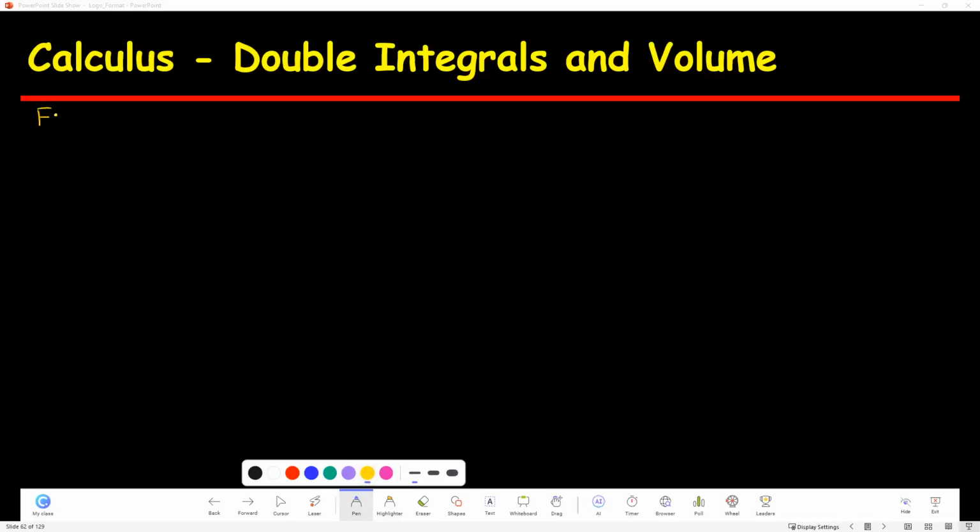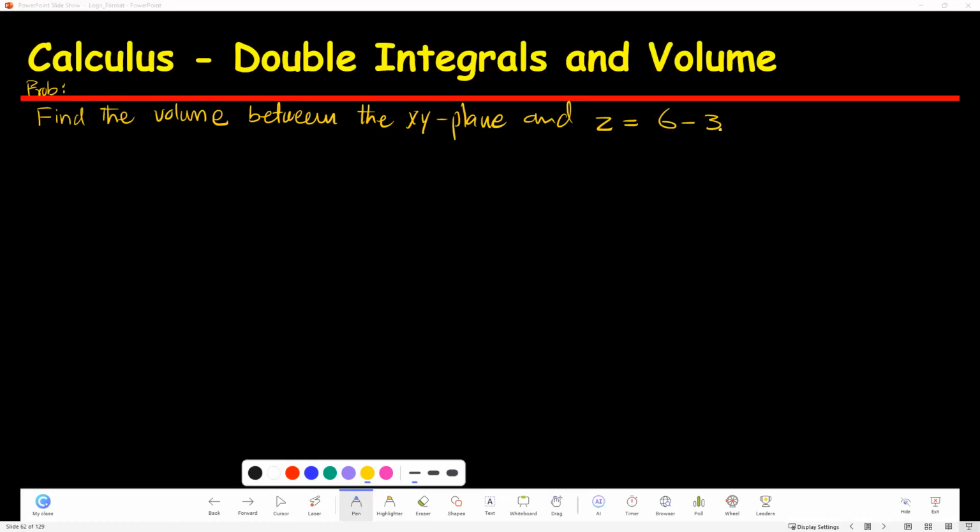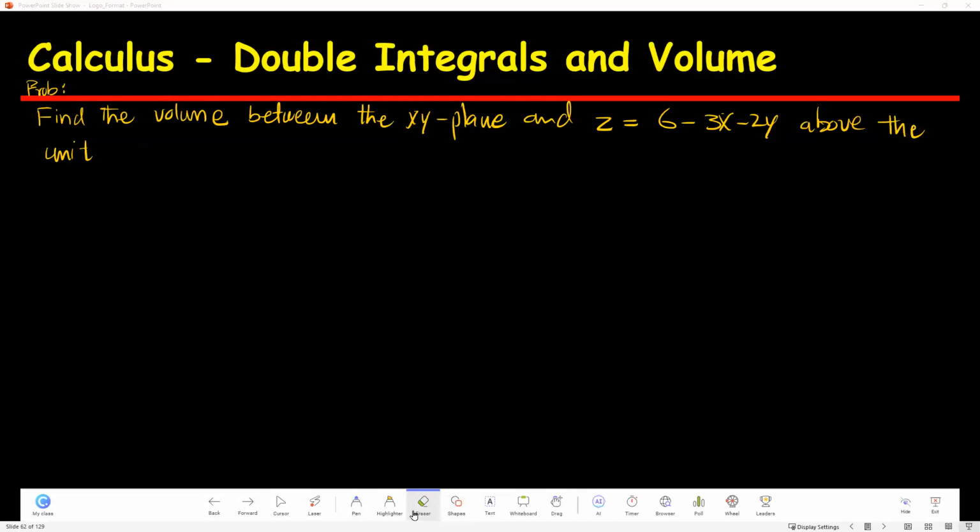Find the volume between the xy plane and the surface z, which is 6 minus 3x minus 2y, above the unit square.